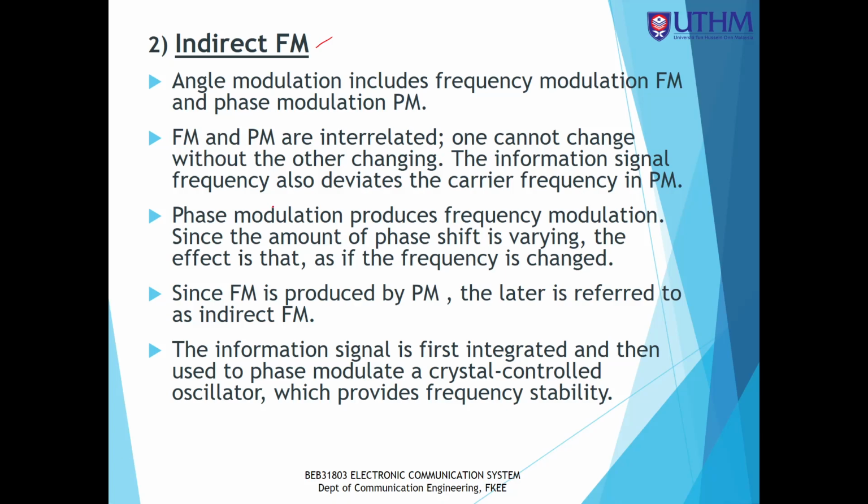So phase modulation produces frequency modulation. In this case, we are doing the phase modulation process, so we are producing FM through the PM process. We are producing frequency modulation through the process of phase modulation.